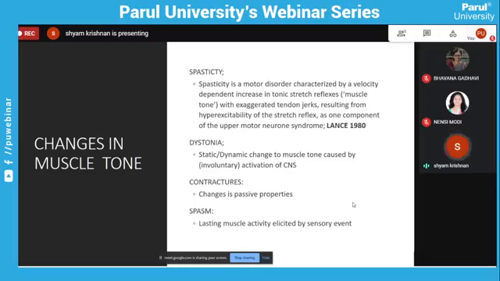As a therapist, you can move it at a very slow angular velocity, or at a slightly higher angular velocity, or you can go for a quick movement. By the definition of spasticity, the resistance offered to the movement would progressively increase as you increase the speed at which you give the passive movement. So the faster a passive movement is applied, the greater the resistance offered. That phenomenon is typically what spasticity is.